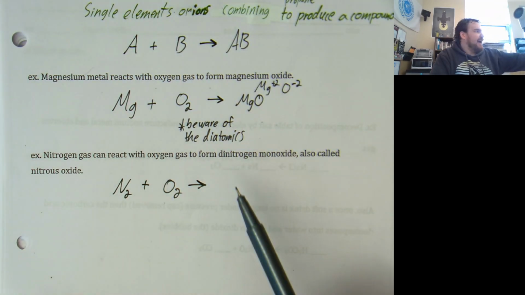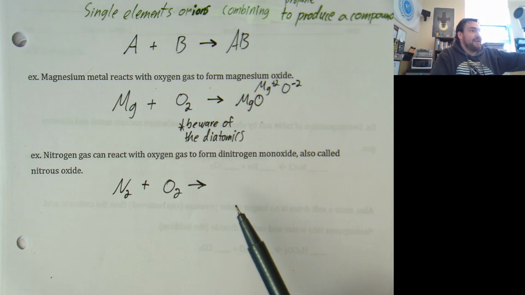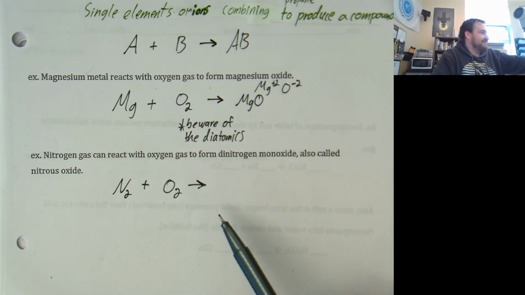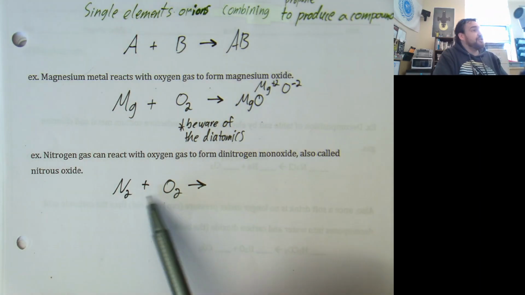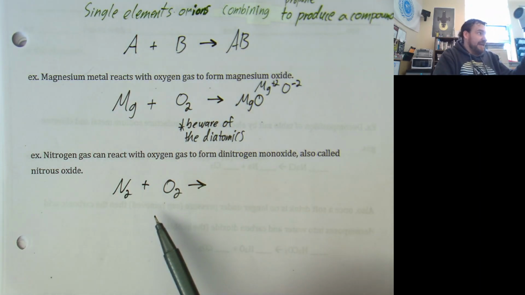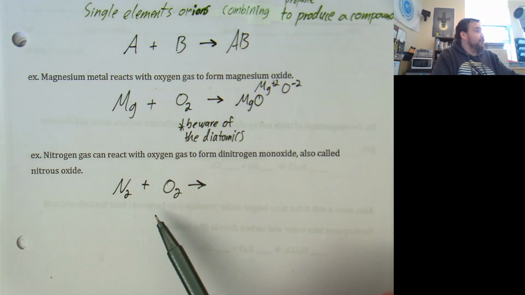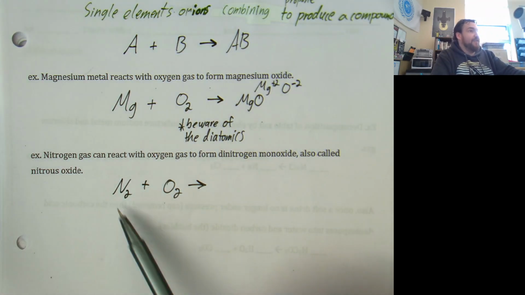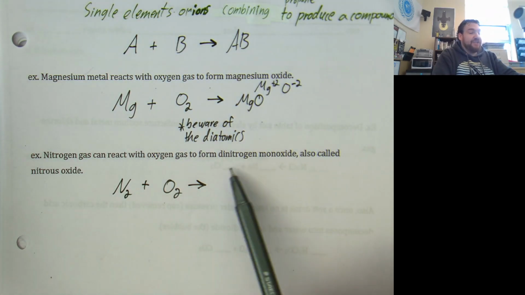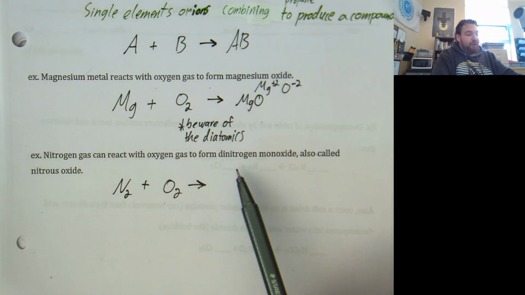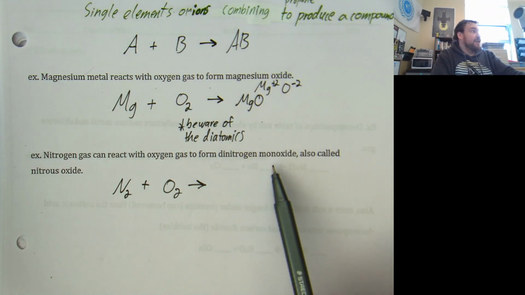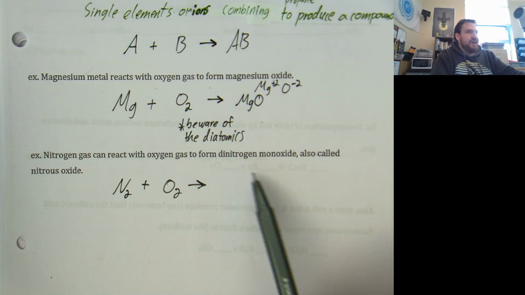Cool, pause. I'm so glad you asked that question. That question is irrelevant because nitrogen and oxygen are both negatively charged ions, and so you can't balance charges when they're both negatively charged. You have to use the name. They form dinitrogen monoxide. So what's the formula for dinitrogen monoxide?